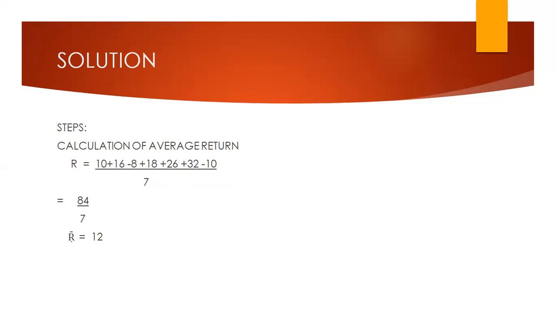After finding r bar, in the formula we need (r minus r bar) the whole square. So first we need to find r minus r bar. For that we are opening a table. In the first column, year.